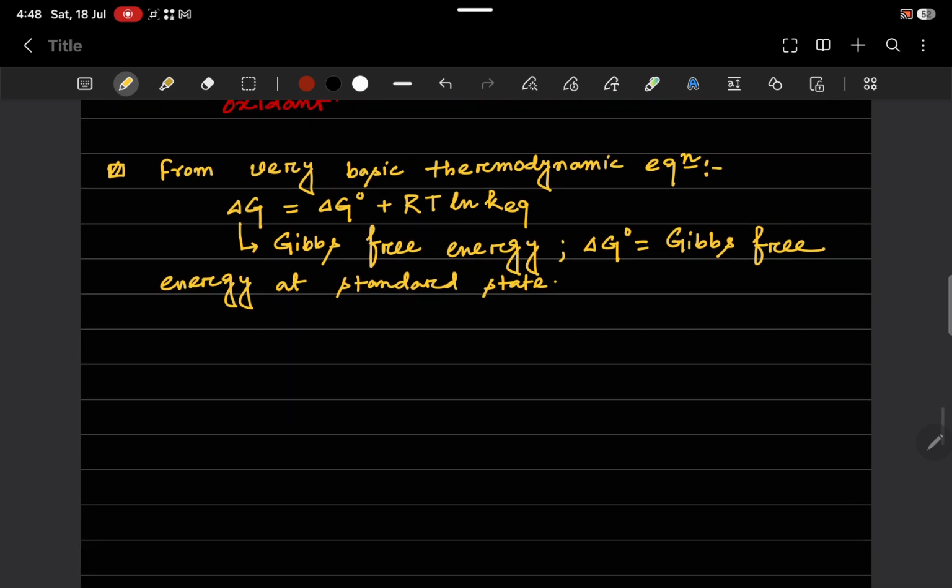That's why there is a superscript 0, indicating the standard state of a particular reaction.